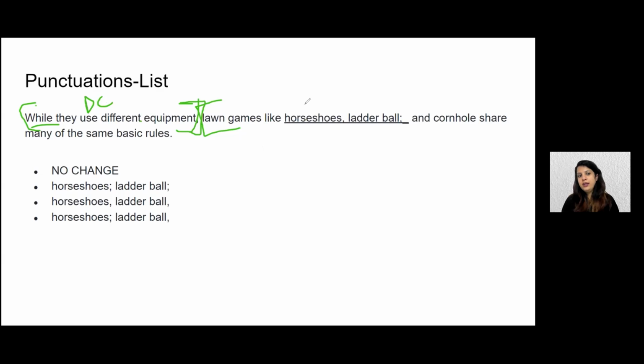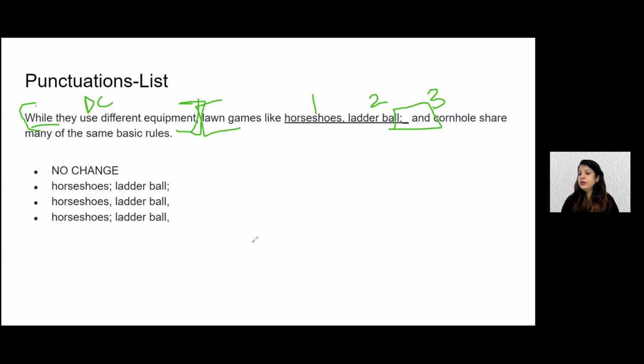Lawn games like what? Horseshoes, this is the first item on my list. Ladder ball, the second item on my list. What did I tell you a while ago? And it has more than 3 items. I need that Oxford comma or the serial comma that I talked about. So I am looking for an option that has a comma before an and, that's my correct answer.